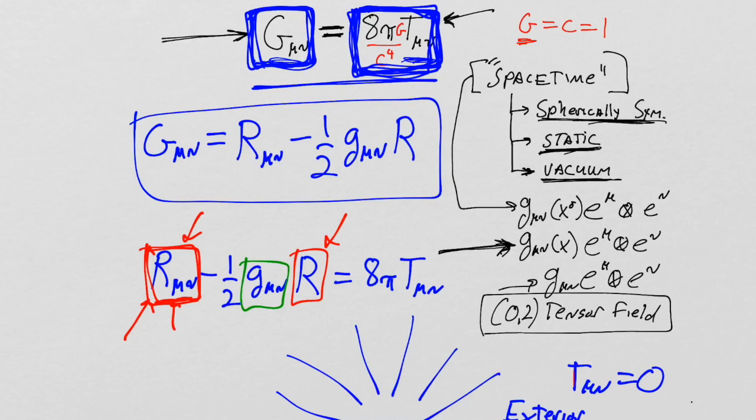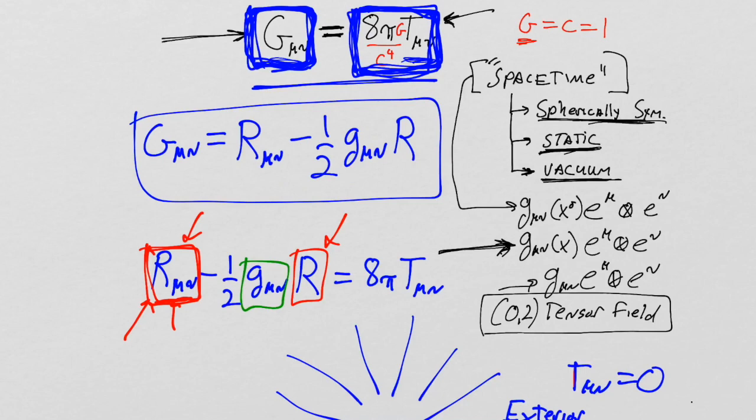That means the Einstein tensor, each component, identically ends up being 0. But that does not mean that the metric is 0 everywhere. It means this expression is 0. Until you understand what this is, you don't know how to solve this.